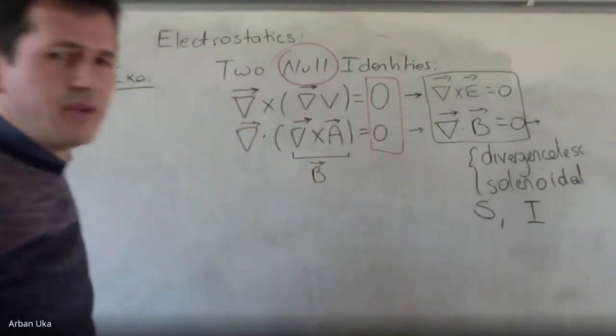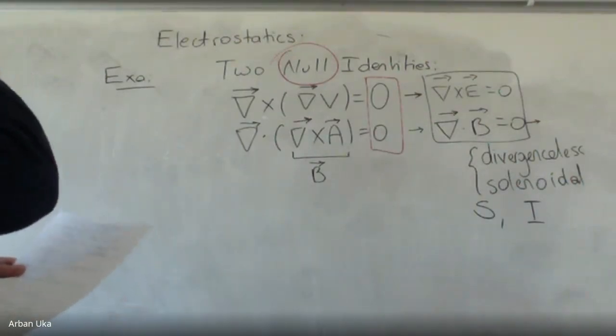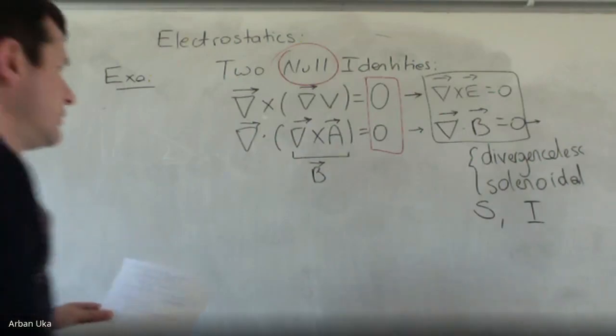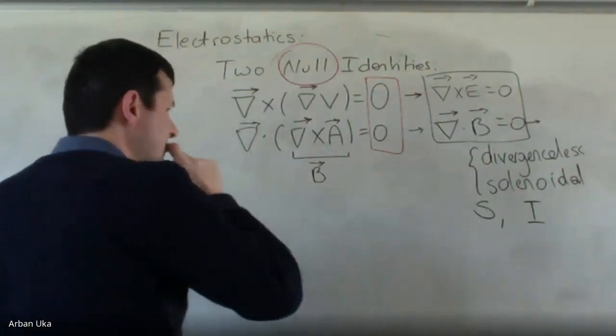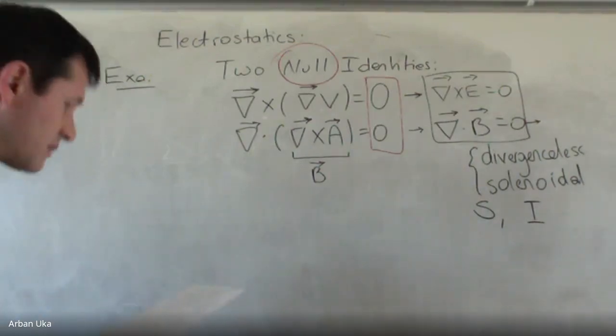So they can either be S and I, where S means solenoidal and I is irrotational. Now I can construct a matrix-like structure. Let me think how I can represent this as best as possible.